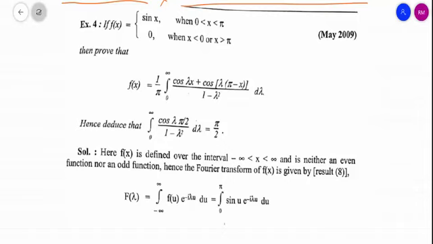And you can easily see this is neither an even function nor an odd function, because the graph is not symmetric about the y-axis, so it is not an even function, and also not symmetric about the origin.